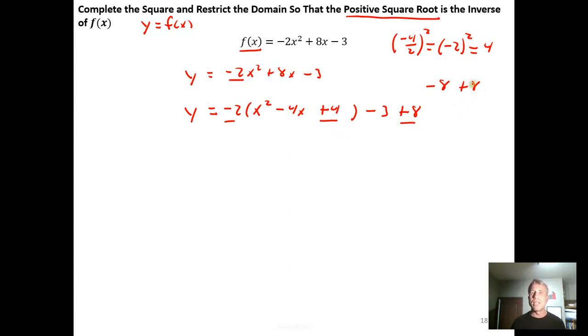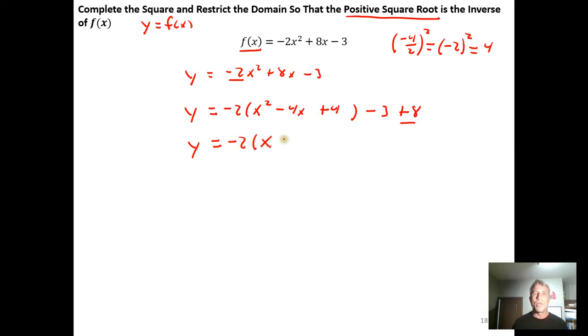I've essentially done nothing to the right hand side other than make it look different, because the net result of negative 2 times 4 plus 8 is just a 0. So that's the key, is to take into consideration the coefficient on the parentheses. And then once you've done that, you want to recognize that you have completed the square.